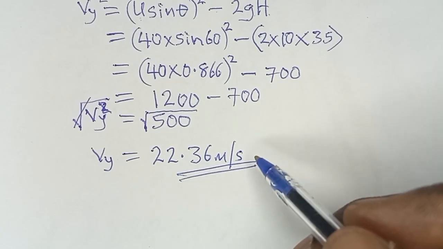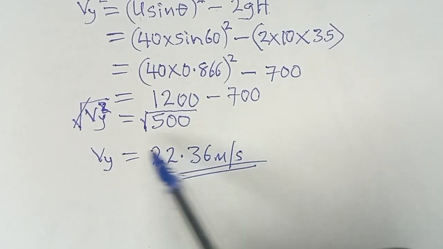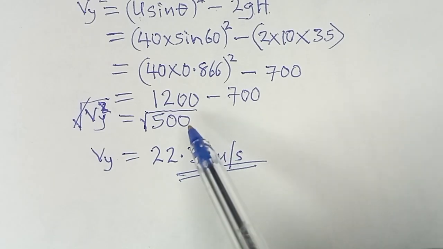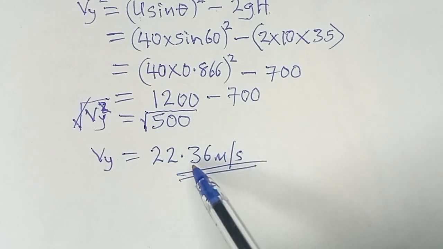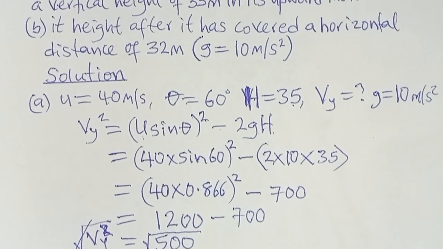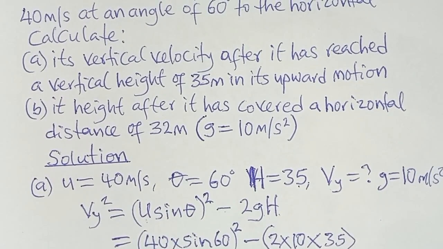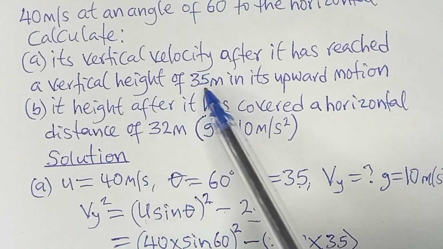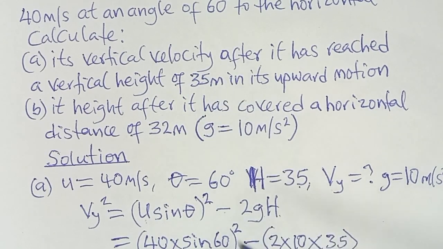This is the value of the vertical velocity reached at that particular vertical height. Don't forget, the question says we should find the vertical velocity after it has reached a height of 35 meters. So that is our answer, 22.36.